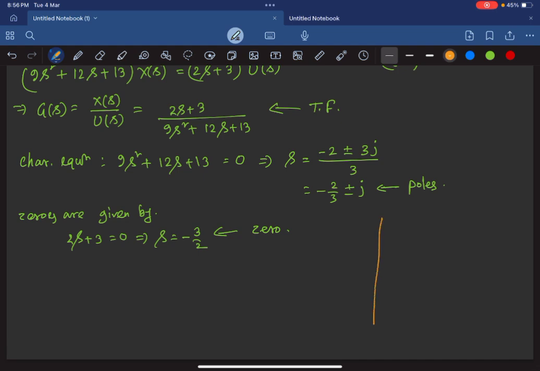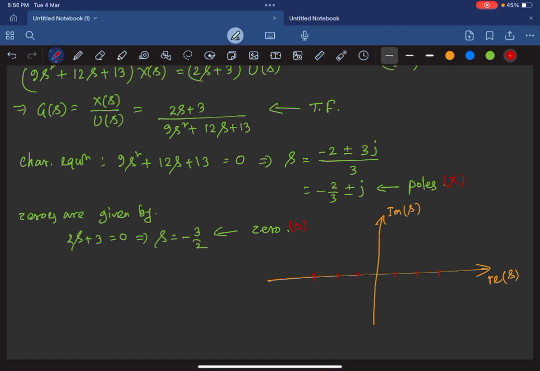Now if you want to plot this, just see this is the real part of s, this is the imaginary part of s. For a pole we are going to use a cross, and for a zero we are going to use a circle.